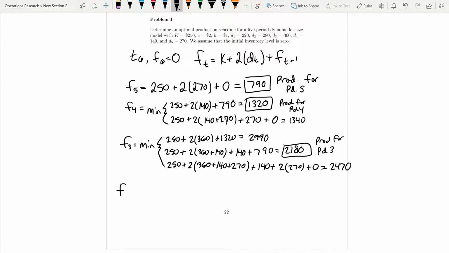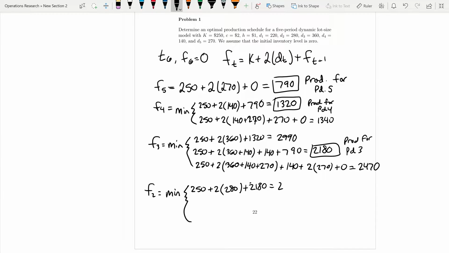Moving back one step further, we have F sub 2, which is going to be the minimum of: if we just do period 2, it's 250 plus 2 times 280, and then we add on that 2180 from F sub 3, and that is going to sum to 2990.